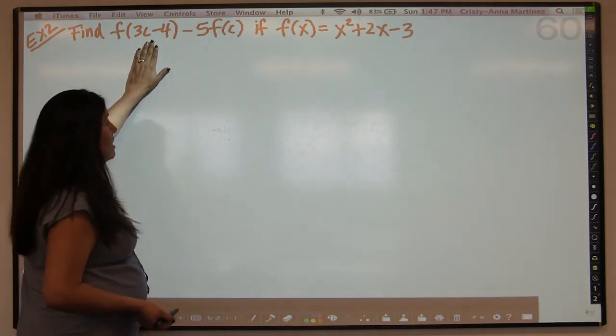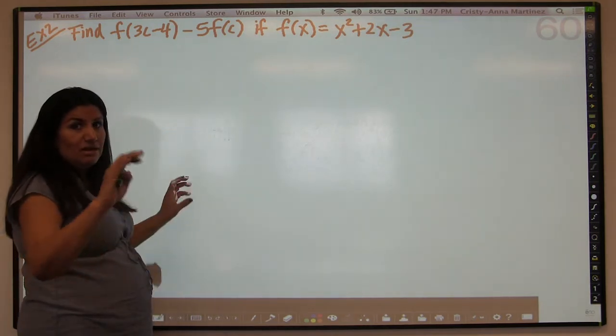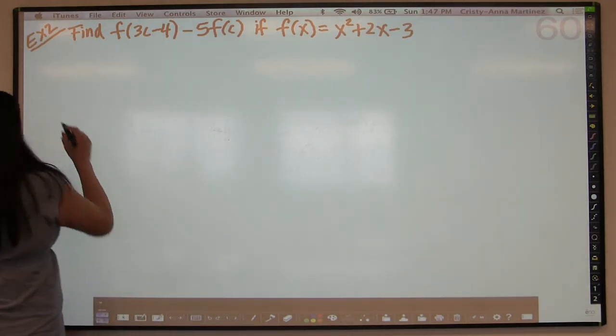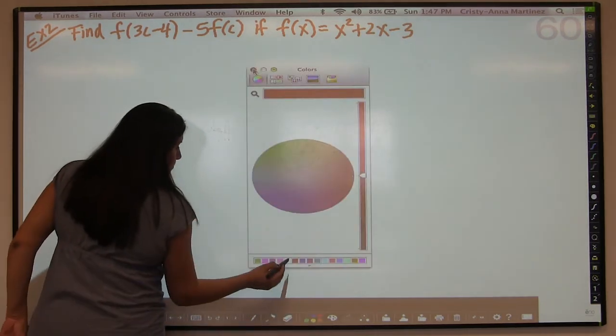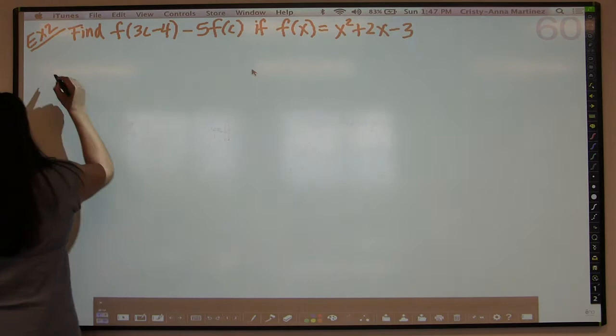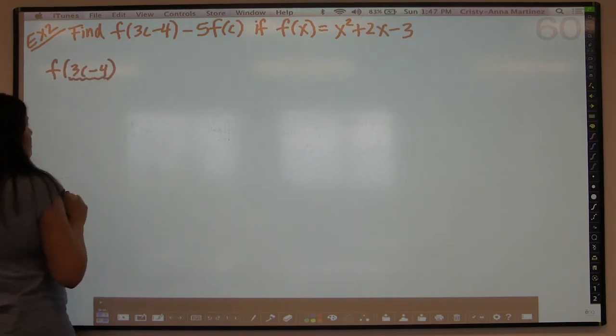So the easiest way to do this is to take each piece separately and then combine them at the end. That's what we're going to do. So the first thing I want to do is find f of 3c minus 4. So this is now my input, 3c minus 4.